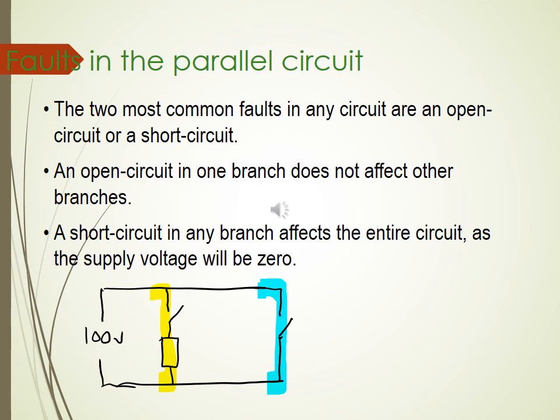So if we close the blue switch, the 100 volts would fall to zero, and any other loads on that parallel circuit would effectively turn off, or if they were light bulbs, they would dim right down to nothing. So that's what the statements above are trying to say. The two most common faults in any circuits are an open circuit or a short circuit. An open circuit in one branch does not affect the other branch. That's the yellow setup. A short circuit in any branch affects the entire circuit, as the supply voltage would fall to zero.